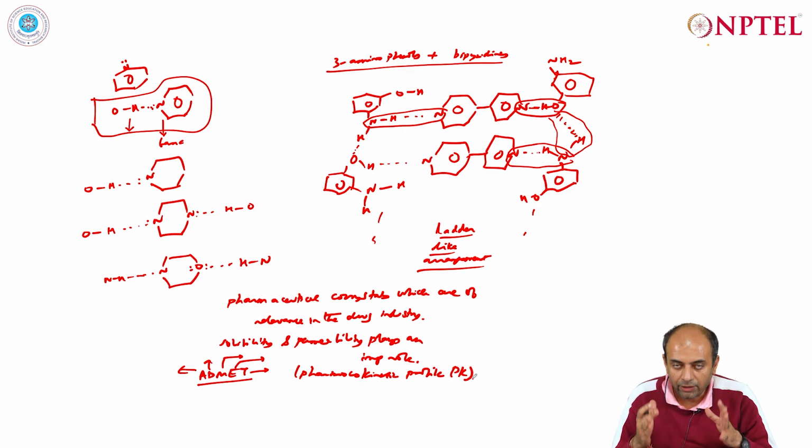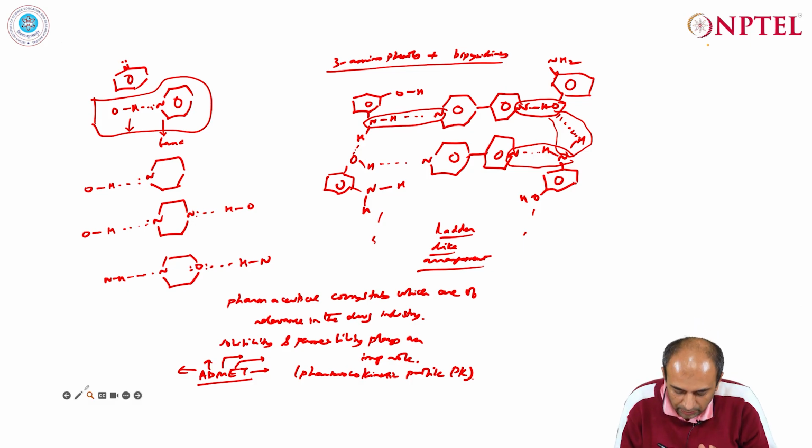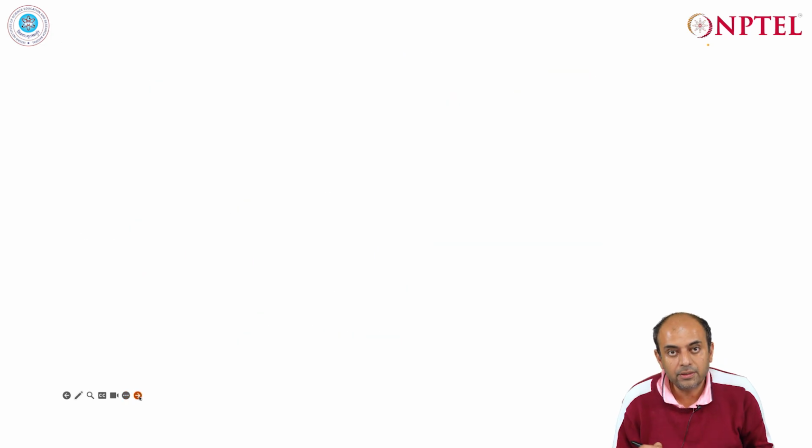For example, the shelf life of the drug, the stability of the drug, the hygroscopicity of the drug, and the mechanical processing of the drug, that is the tabletability of the drug, the powder characteristics of the drug. So, some of these properties play a very important role in drug processing as well, and it has been observed that co-crystal formation plays a very important role in overcoming some of these limitations.